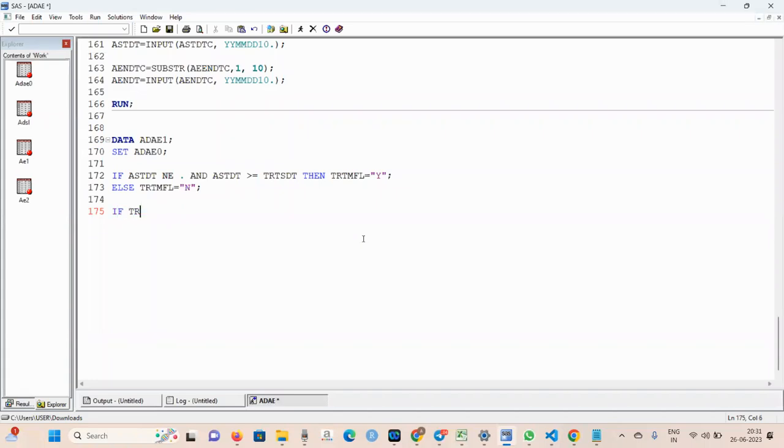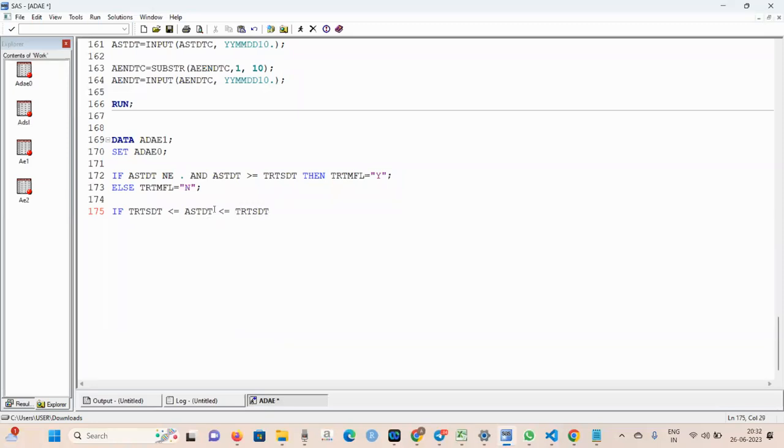If the treatment start date is less than or equal to the analysis start date, the analysis start means indirectly the adverse event start. Because if it is a partial date, then only the analysis start will come. Okay, anyway.